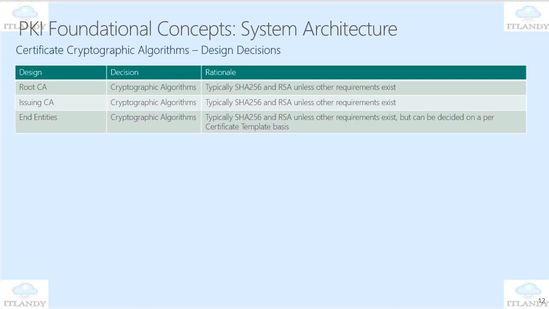And for entities, typically SHA-256 and RSA unless there is another requirement, but it can be decided per certificate, per template, if that makes sense to you. So the top is SHA-256 and RSA, the issuing certificate and subordinate are again similar, and the last one is similar but gives you flexibility on how you can control it.